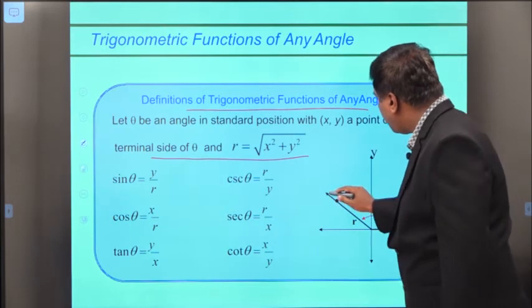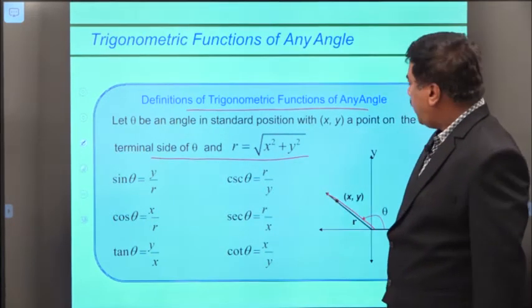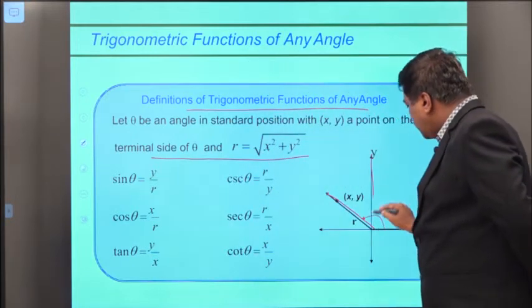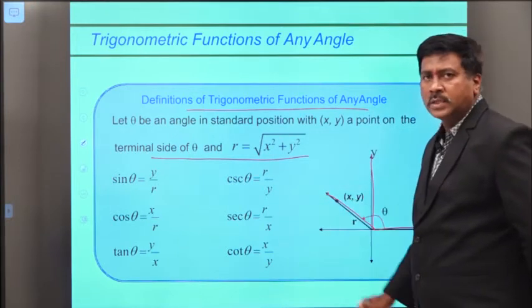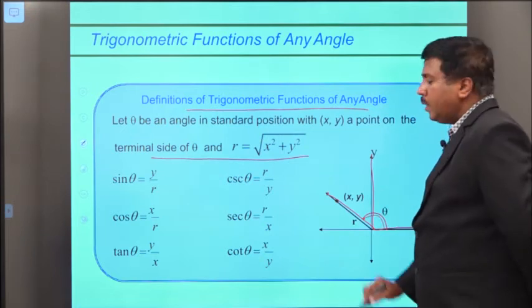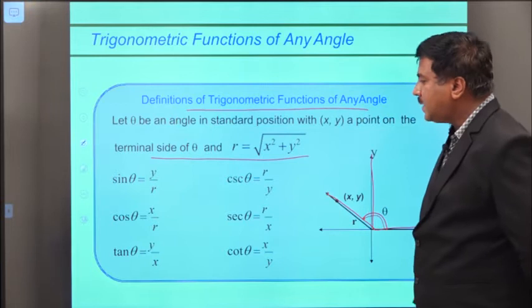Up to this is called the acute angle, and whatever is other than that is called the obtuse angles. So the terminal side makes an angle with the positive x-axis.